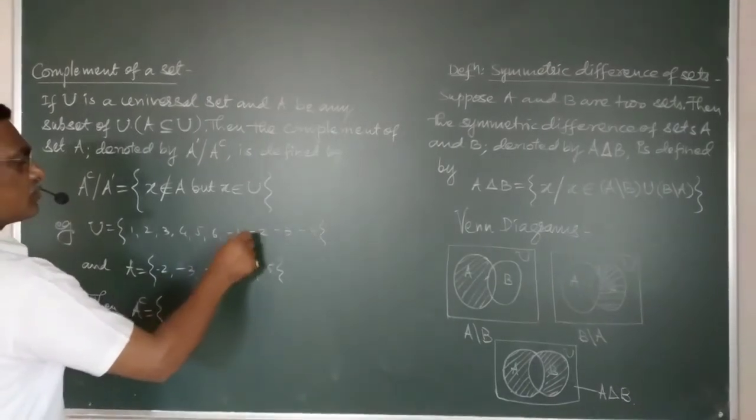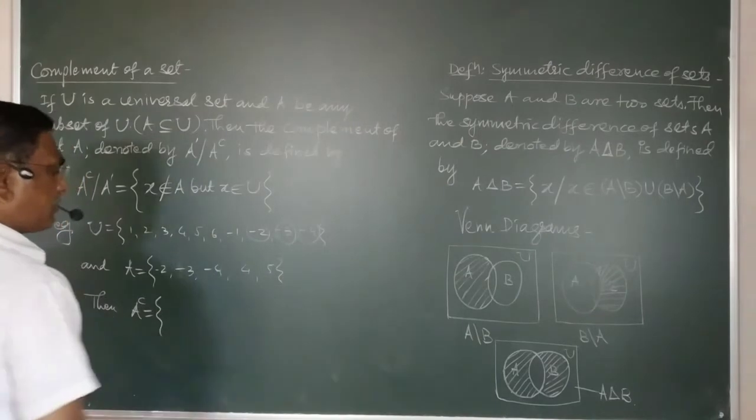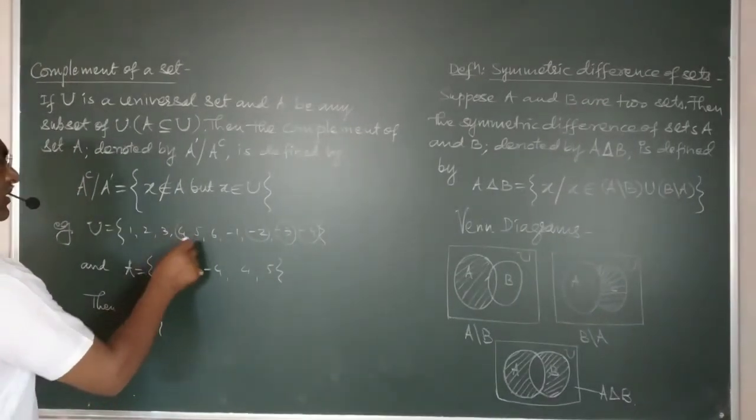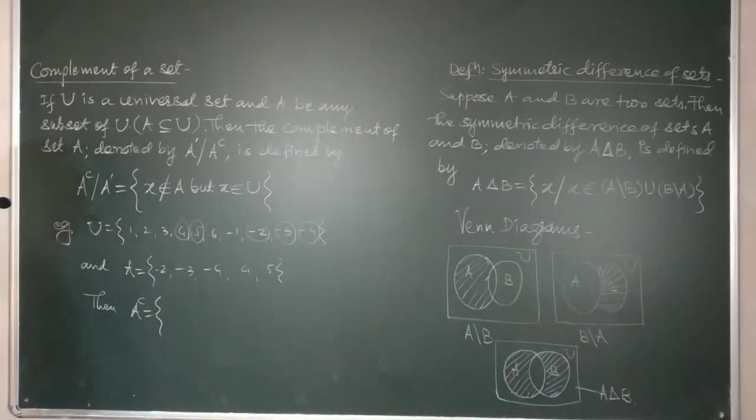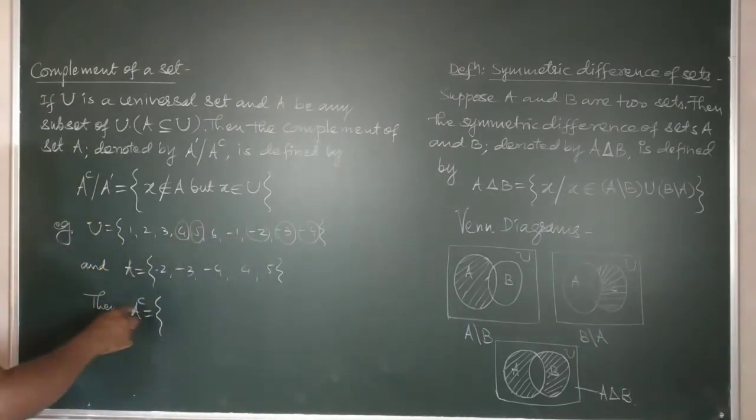Minus 2, minus 3, minus 4, 4 and 5 I have considered here. How many elements are remaining? The remaining elements from U are those of A complement.